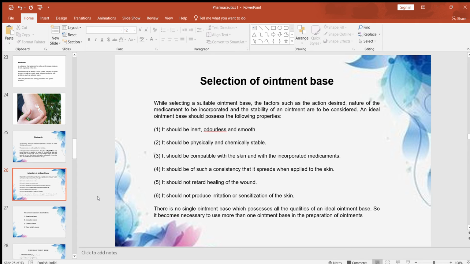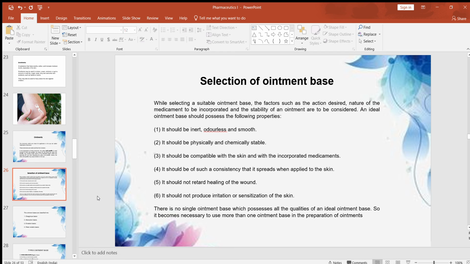So we have these four different types of ointment bases. We can use any one of them. The point to be noted is that we can prepare an ointment using any of the ointment bases, whether hydrocarbon, absorption, emulsion or water soluble.